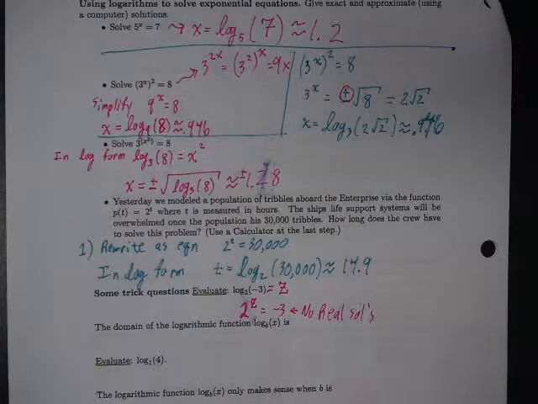You can get an answer by thinking about algebra on complex numbers, but you'll find that you can't pin down a single solution. This actually has infinitely many solutions, which all differ by multiples of 2 pi i, which is something I will not explore in this class.